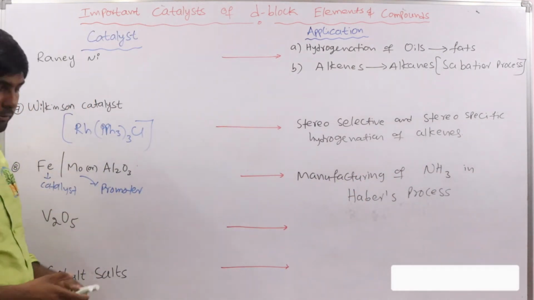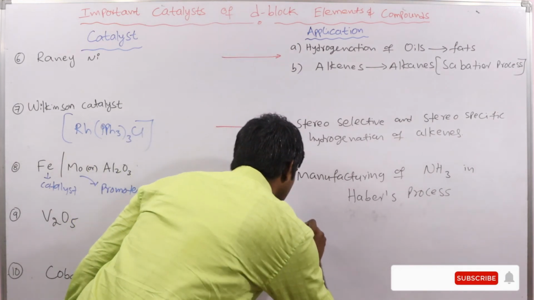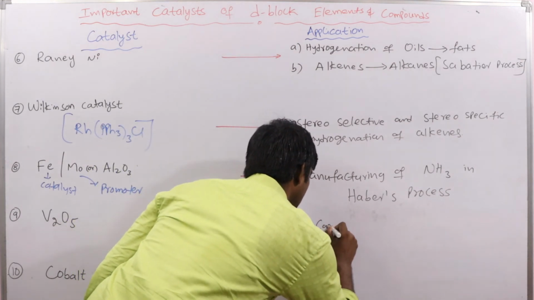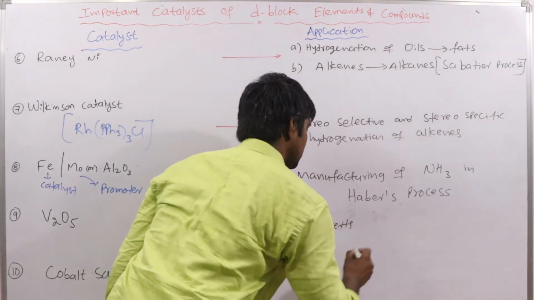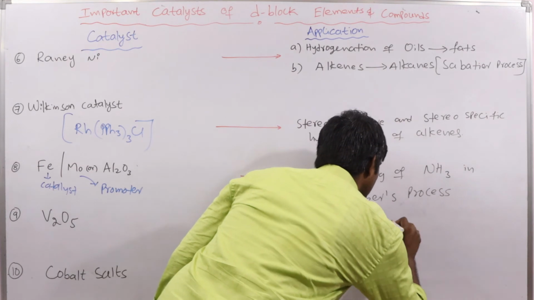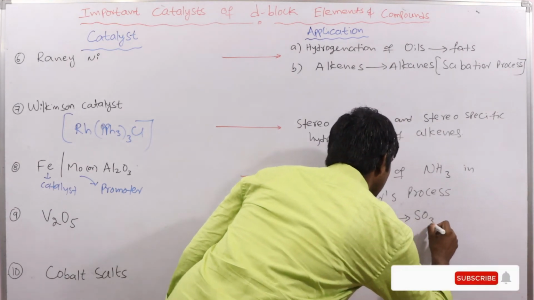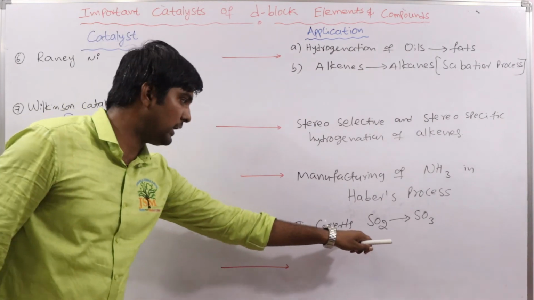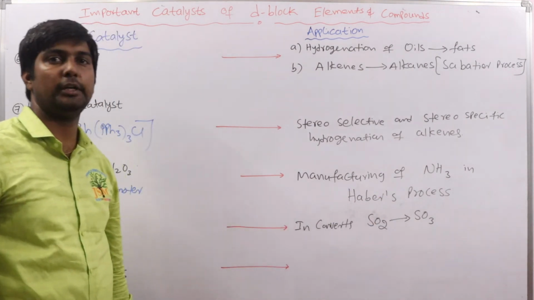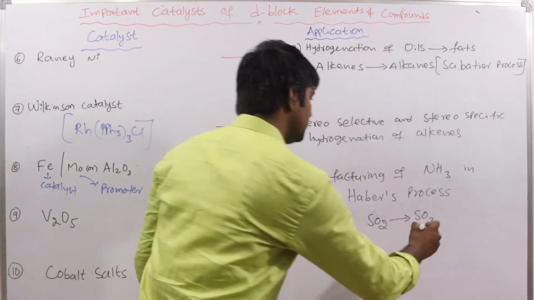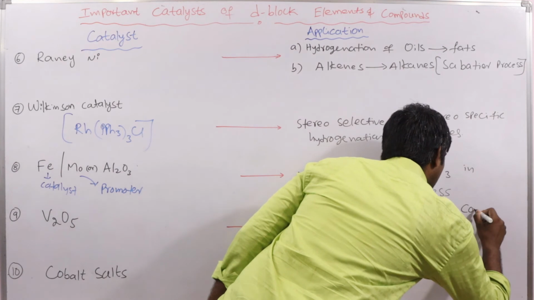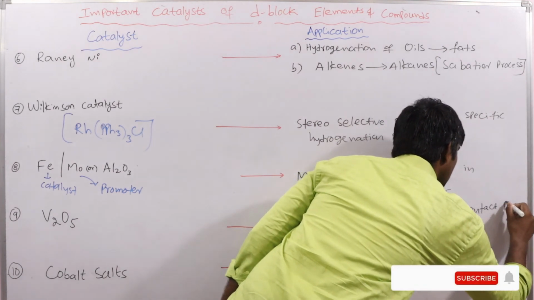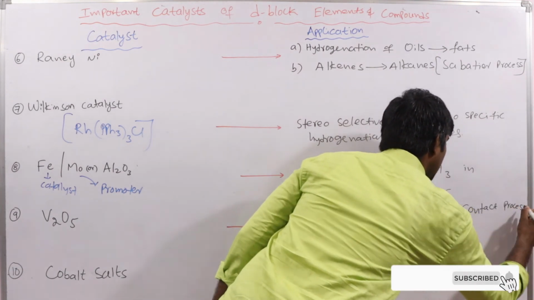Next, V2O5, vanadium pentoxide. It is used as a catalyst in the conversion of SO2 into SO3 in the contact process. What is the contact process?